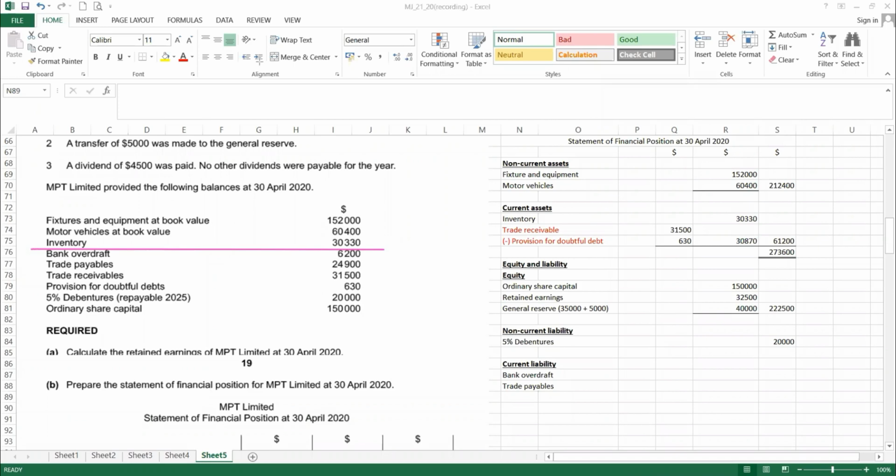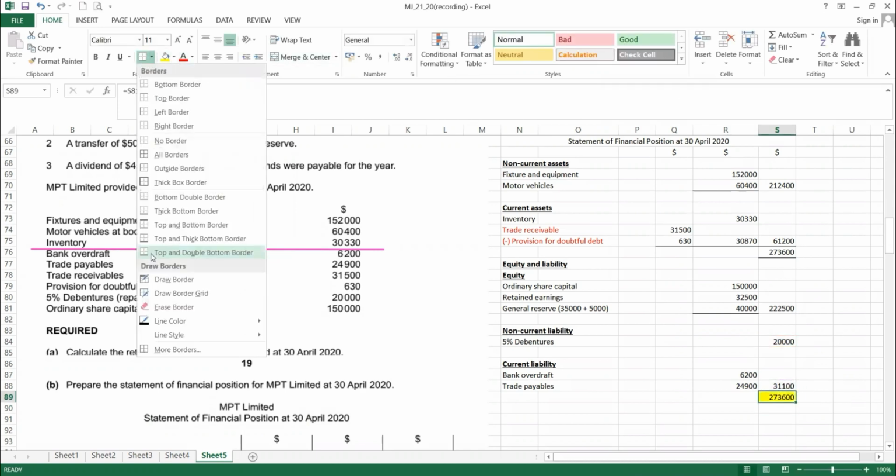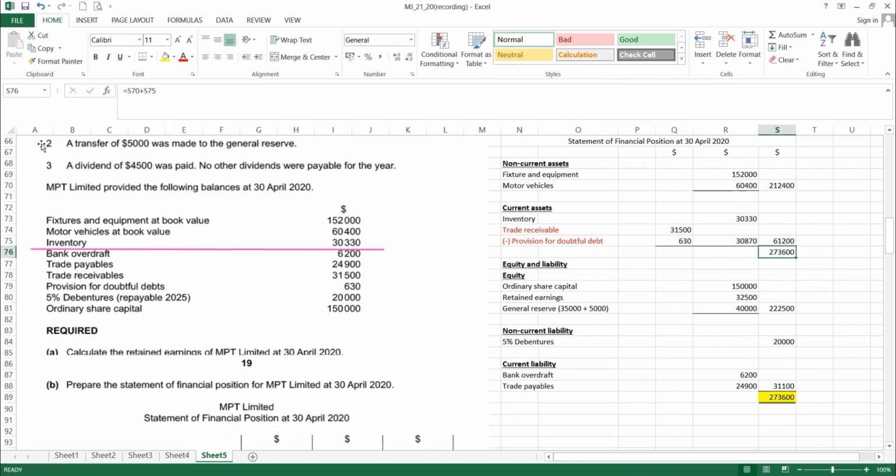Bank overdraft is 6,200, and trade payable is 24,900. So we add the total to see whether we can get it balanced. If it balances, that means our account should be fine. Okay, so the amount is the same as the total asset, which means our account should be no problem.